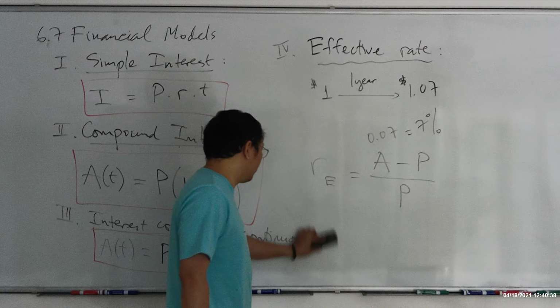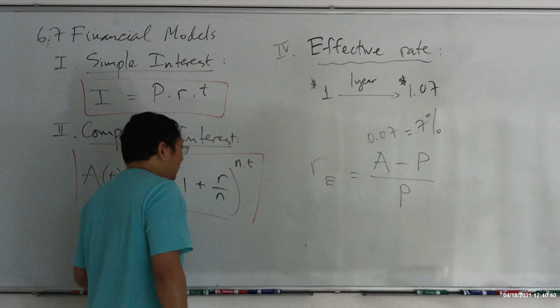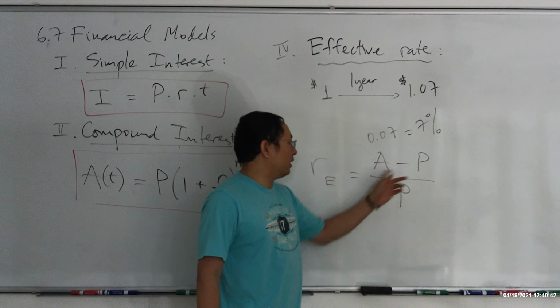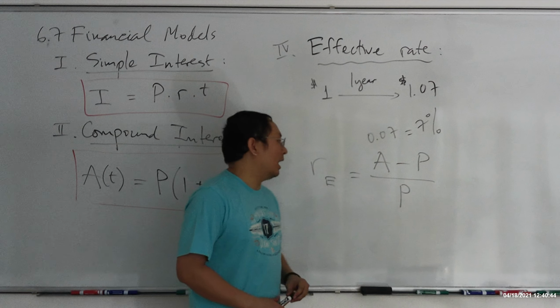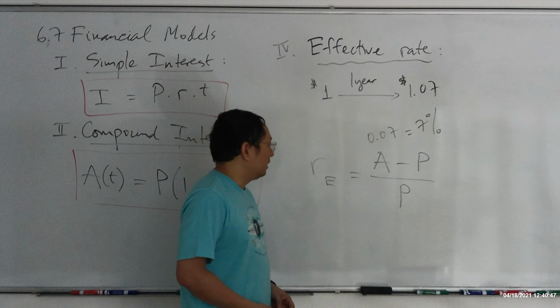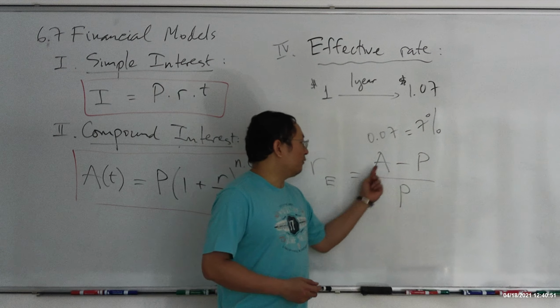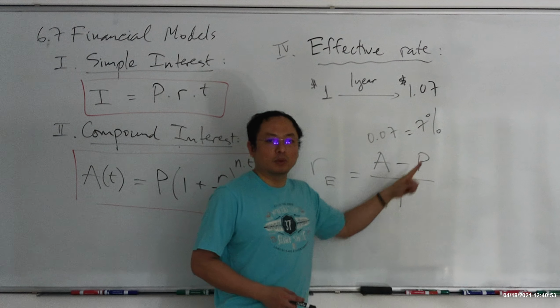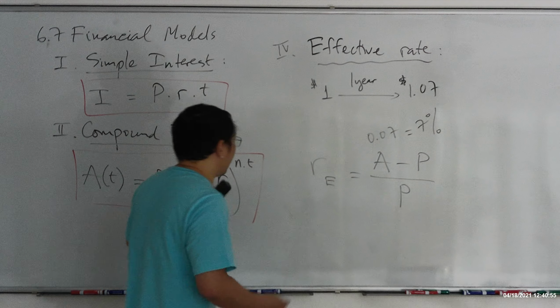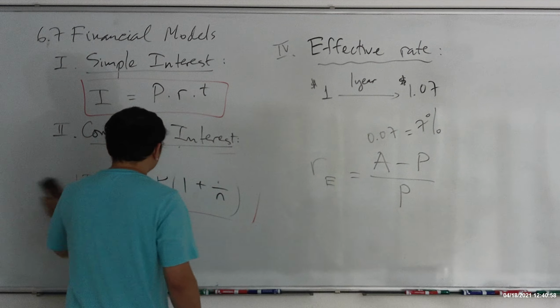It's going to give you the effective rate. Okay? And of course, in this formula right here, we don't care how they calculate the interest, what your actual rate is. You only care about the difference between the output and the input relative to the principal amount. Okay?